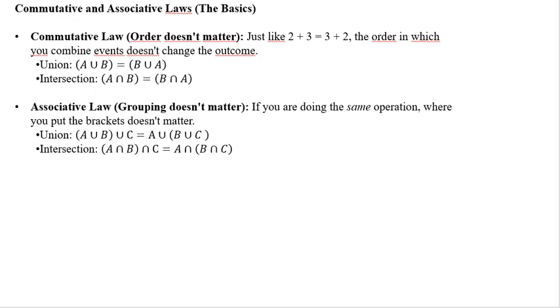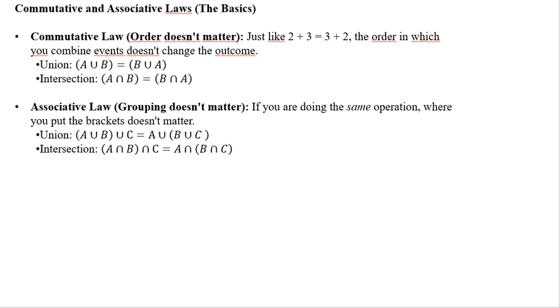Now for the associative law, it's not just about the order, but about grouping. So if you do the same operation like A union B union C, how we group the events doesn't matter. I can put the brackets to group A with B, as I can do it with B and C. It doesn't matter.